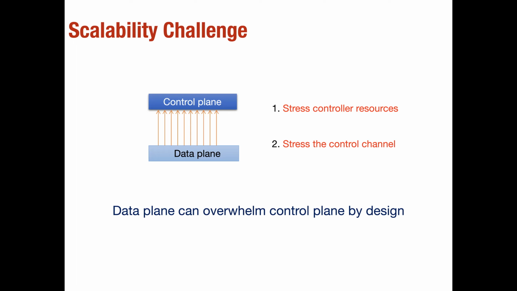So in general, if we go with this naive approach of just using one physical server as a control plane, then we are either stressing the resources on the controller, or we are stressing the control channel, that is the communication channel between the operating system and the data plane.